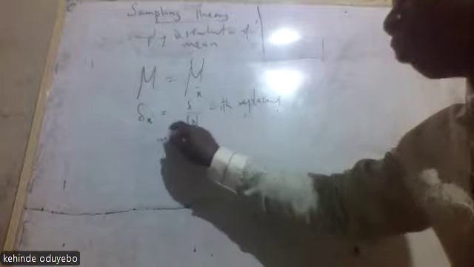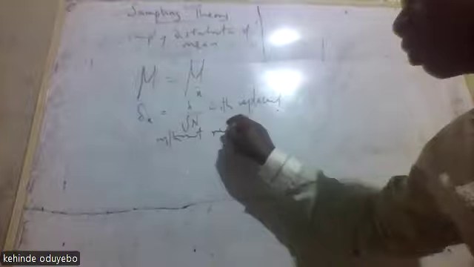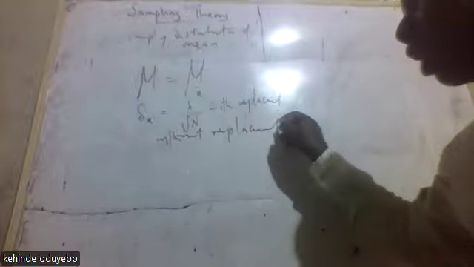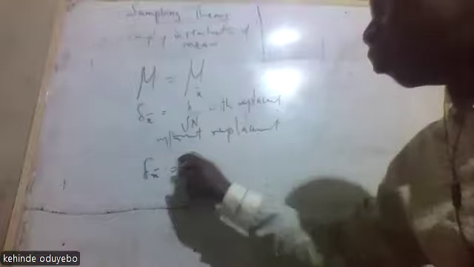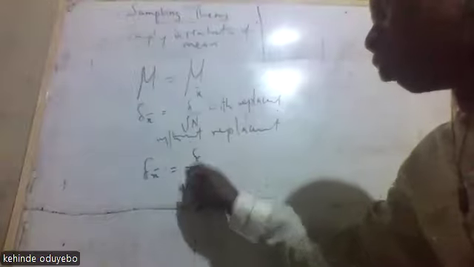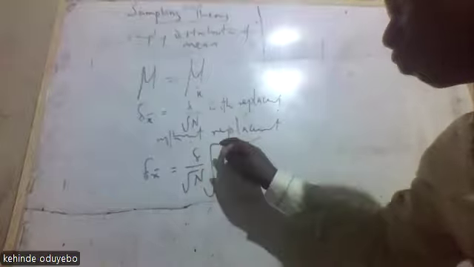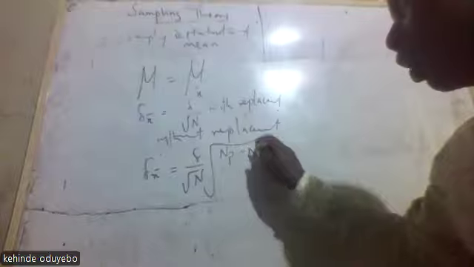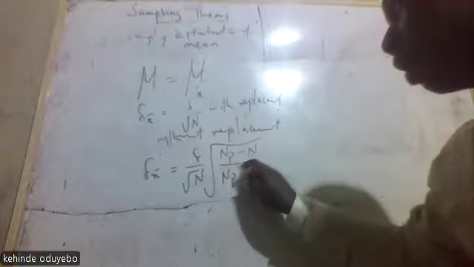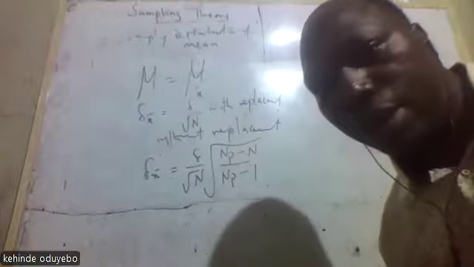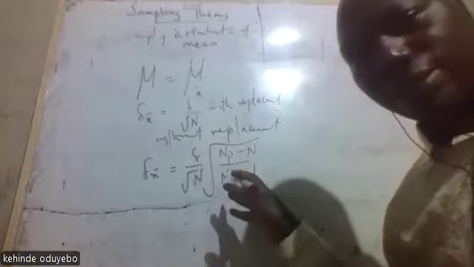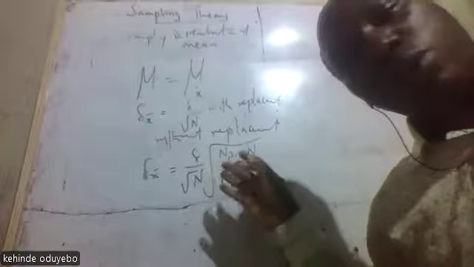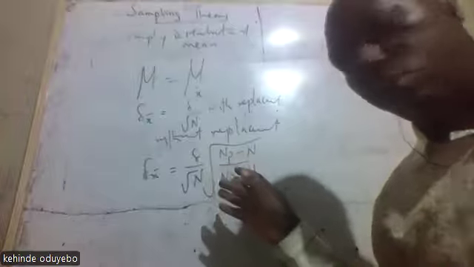So for without replacement, this one will change to sigma over square root of n, times the square root of (Np minus n) over (Np minus 1). I made mention of that, right? This is for without replacement. We have applied it. That's why you will need some assignment on this.